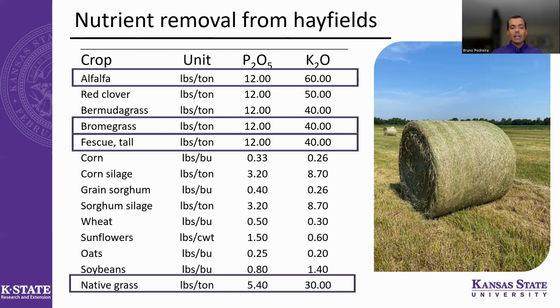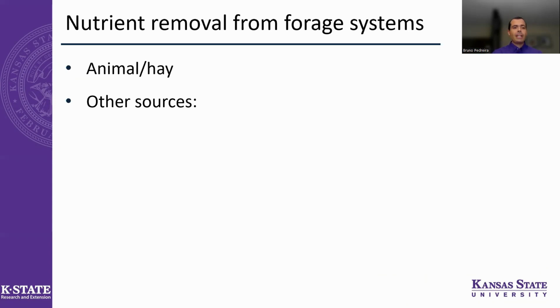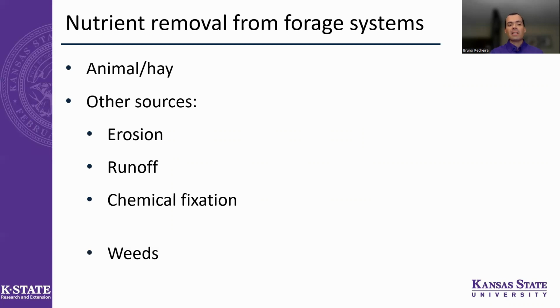So yes, by the end of the day, we are sending nutrients out. Understand that animals are a source of removal. Selling hay is another way we're sending nutrients out. But we need to consider other things. We need to consider, for example, erosion, runoff, chemical fixation, and weeds as well.